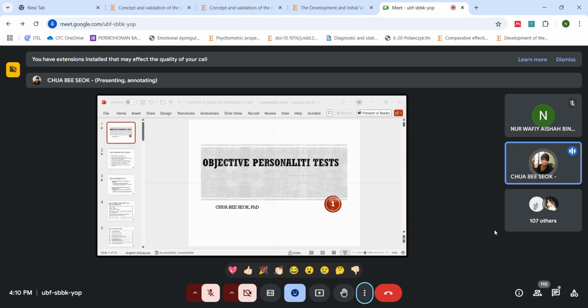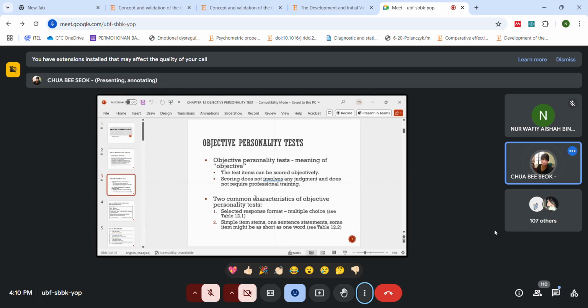But for a subjective test, two examiners or evaluators may have different opinions or perspectives when they judge or give the score. So objective means you can score objectively, without any judgment from the examiner.